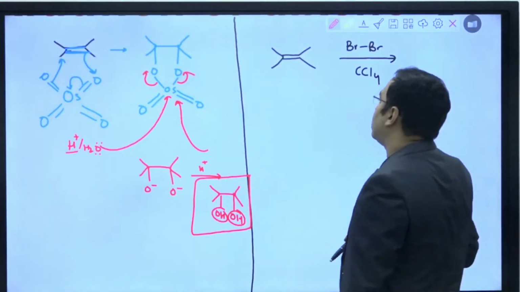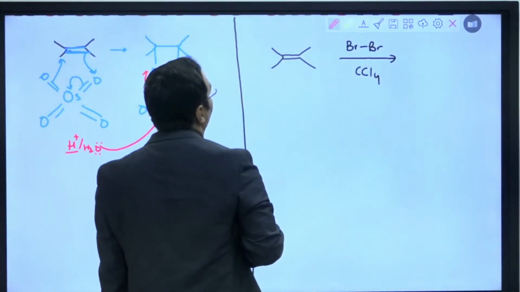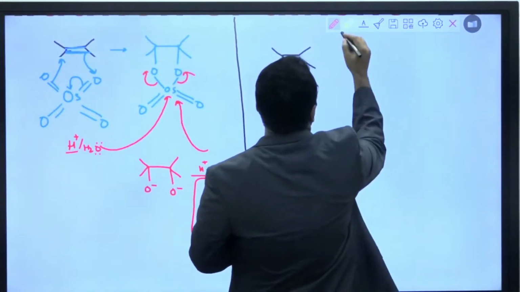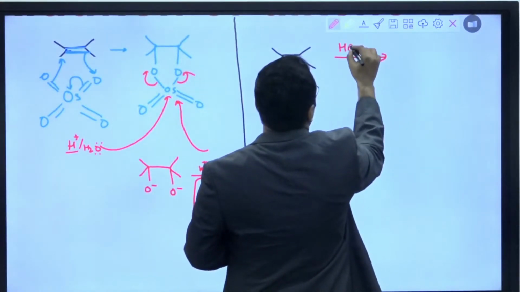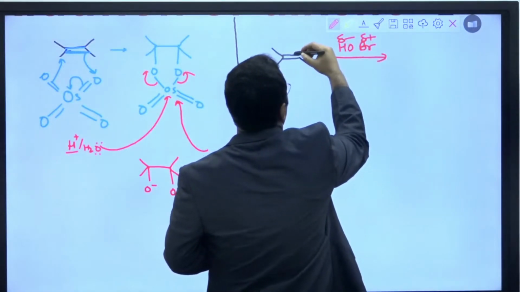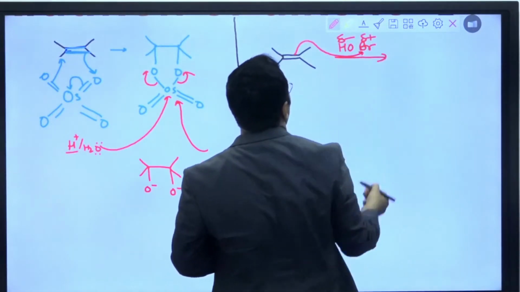What is happening in this question? I'll take a general case which will help you in maximum cases. Let's say the HOBr case. What will you do with HOBr? HO minus, Br plus. You will say okay, the double bond will attack the Br.